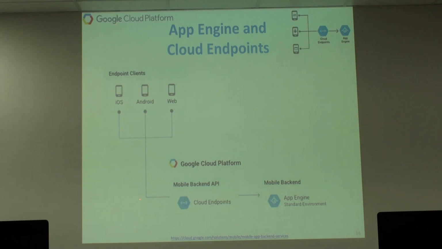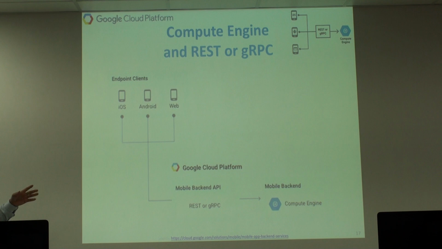The fourth architecture is that you can use Google Cloud Endpoints with App Engine standard environments as a mobile backend. The final solution is that you can use the powerful computing provided by Google Compute Engine, where you can set up all the stuff.